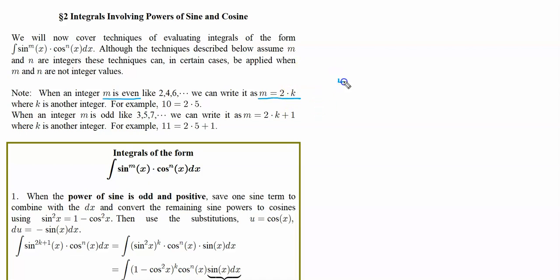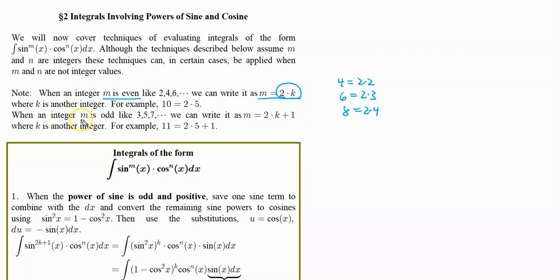For example, 4 is 2 times 2. 6 is 2 times 3, of course. 8 is 2 times 4. 10 is 2 times 5. So even integers can always be written in this form: 2 times some other integer.